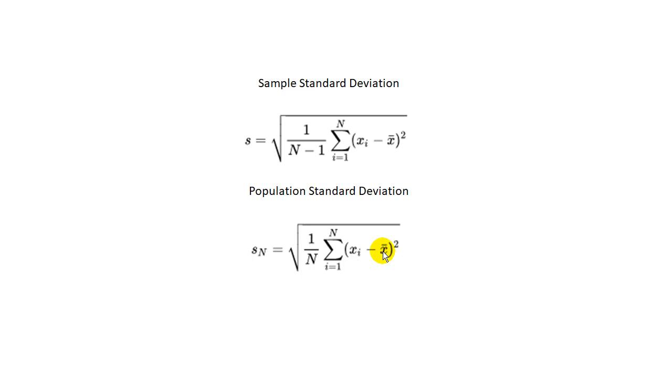So x here with the bar over it is the average of all the numbers together. And then this x sub i here is kind of an interesting thing. The way this summation sign works is i equals 1, and it goes all the way up to n, whatever the nth number is. So in our case, if we're looking at 8 numbers, it would go from 1 to 8.